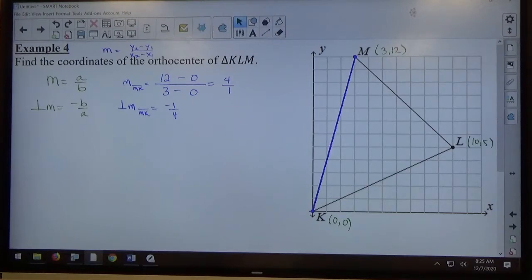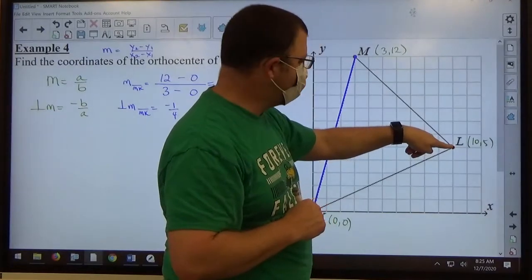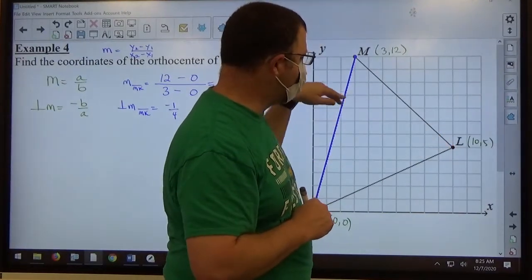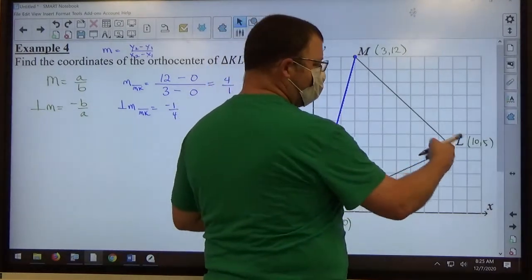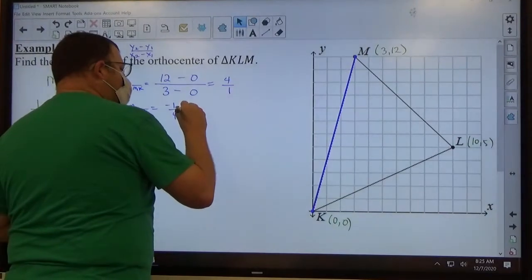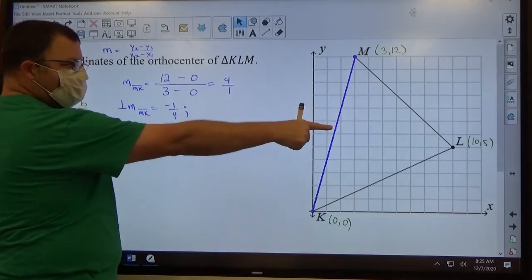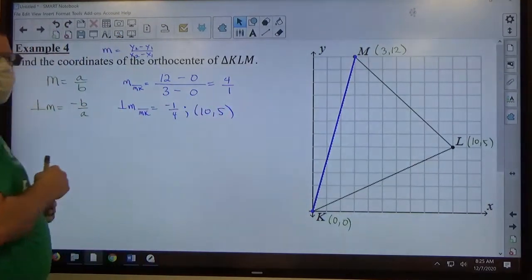The line I'm looking to find the equation of has to pass through point L, because an altitude starts at a vertex and goes perpendicular to the opposite side. So we found the perpendicular slope. Now we just need to make it go through point L. The next thing I'm going to do is find the equation of the line that passes through point L, which is (10, 5), with a slope of negative 1/4.